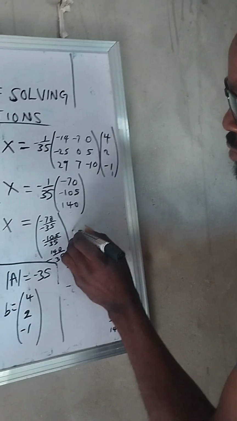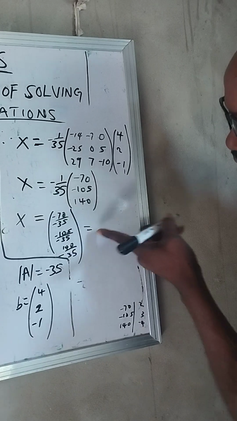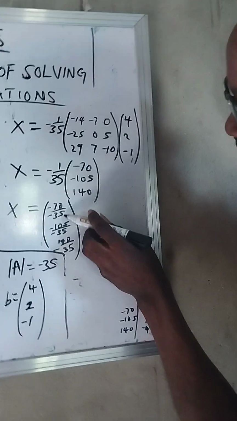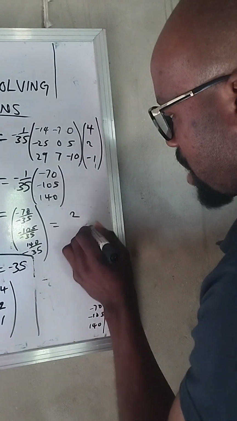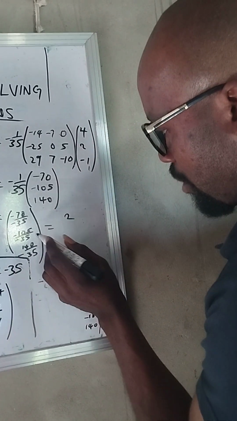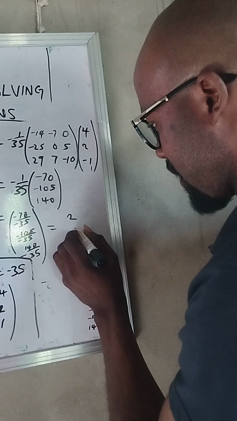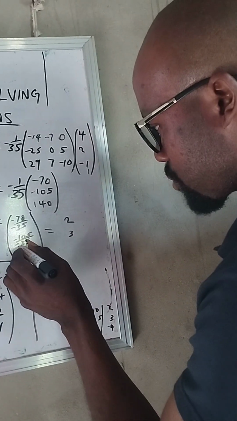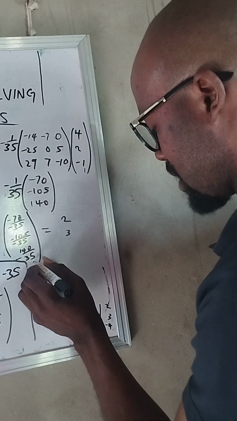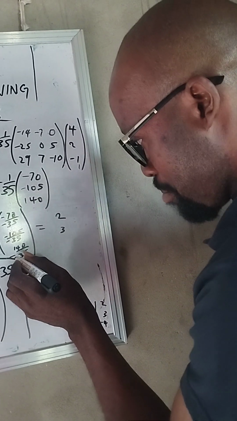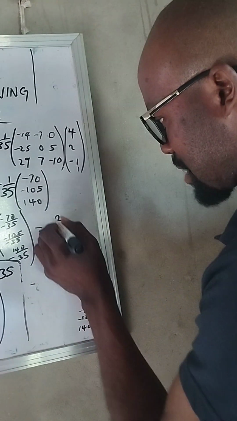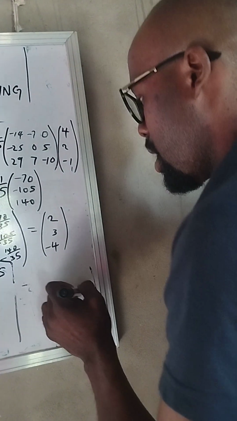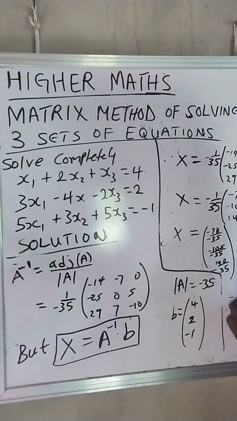So when we do this, 70 divided by 35 is 2. Minus will cancel minus, becomes plus. 105 divided by 35 is 3. Minus will cancel minus. 140 divided by 35 divided by minus 35, this one gives minus 4 because of the negative that is there. So this becomes our answer.